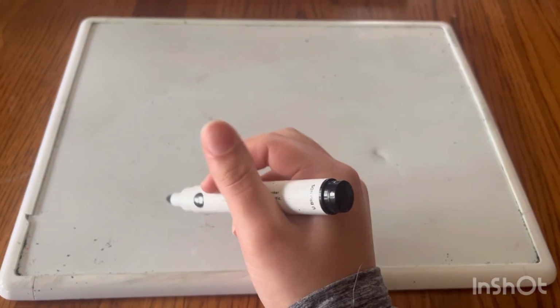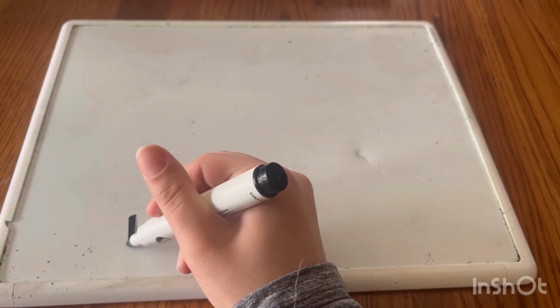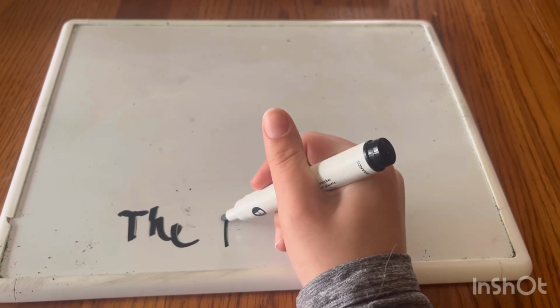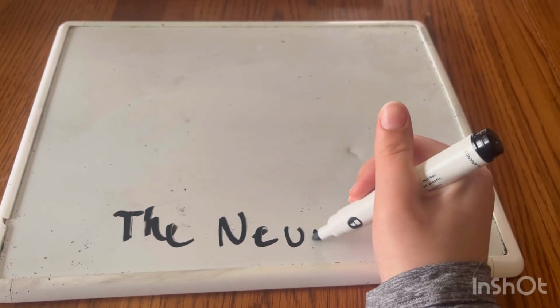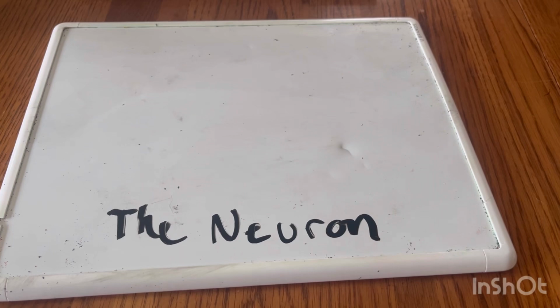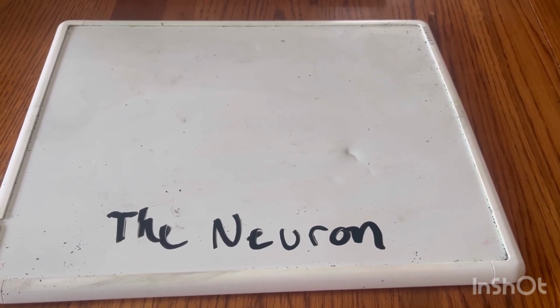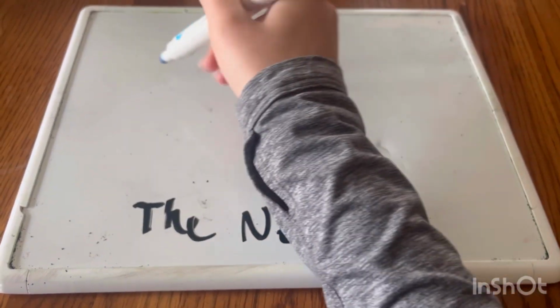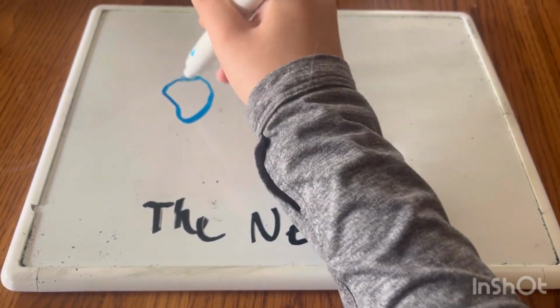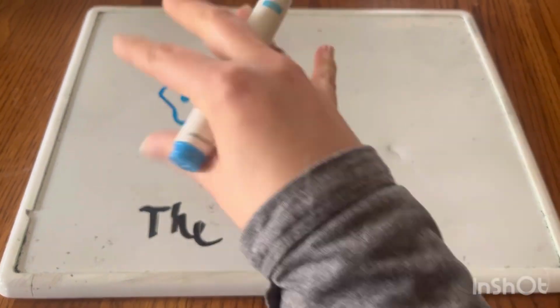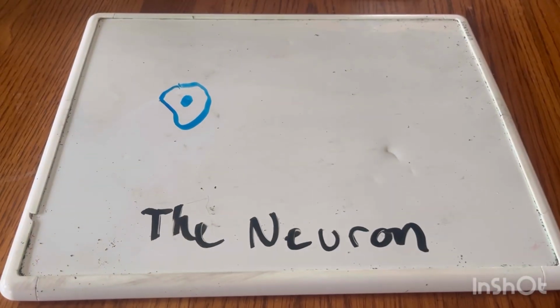To understand the neuropathology of Alzheimer's disease, we are going to talk about the neuron. The neuron is the type of cell that you can find in your brain and your nerves. So we start with the cell body. There are 3 main components, and this is the main controlling part of the neuron.